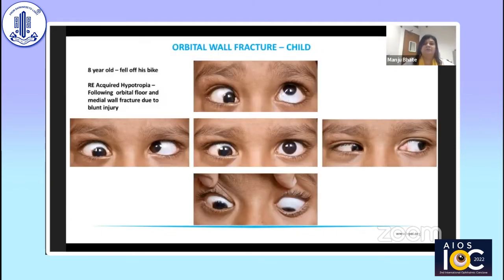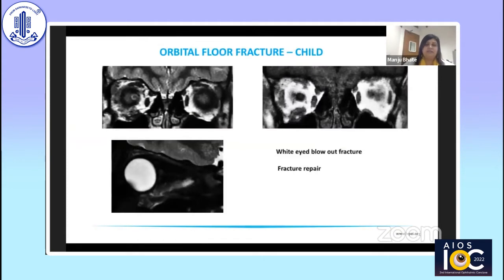So this is an 8-year-old child, and he fell off his bike, which is common in this age group, and he had a white-eyed blowout fracture. As we can see here, he had an acquired hypertropia of his right eye following a floor and a medial wall fracture. And here we can see that there's a large defect in the inferior wall and there's also entrapment of the muscle, following which he had a fracture repair.